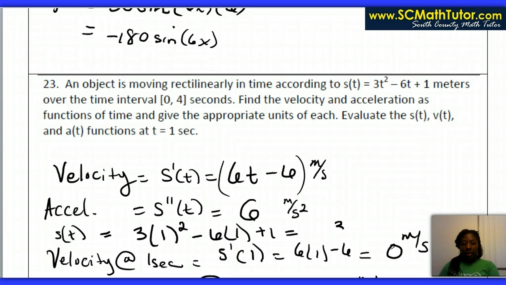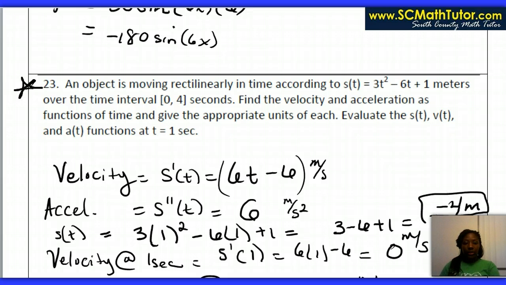So this is 3 minus 6 plus 1, which is negative 4 meters. Interesting. Very interesting.